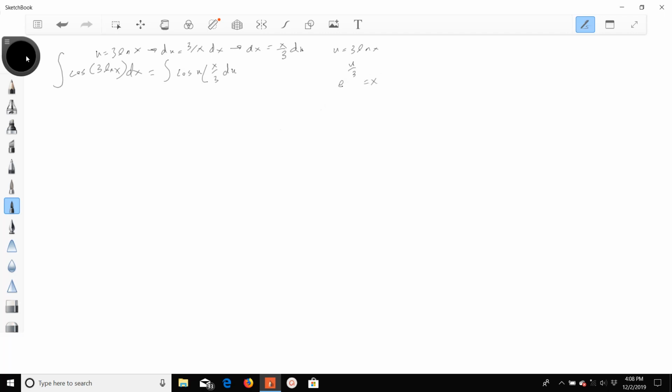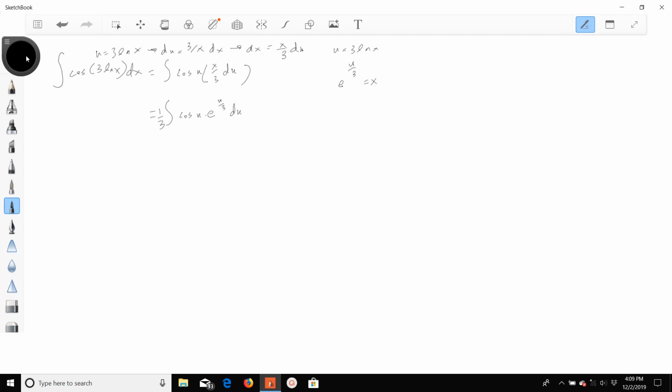Now we have cosine of u, and I could put the 1/3 out here, times e to the u over 3 du, and you would still need integration by parts.